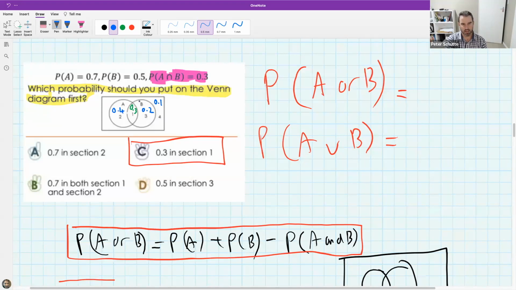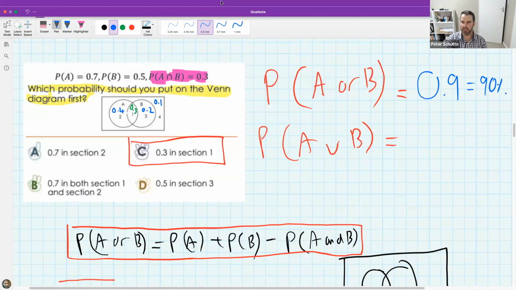And when I do that, I notice that A or B is going to be adding up these fractions, which should give me 0.9, or there's a 90% chance that I will be in A or B. Give me a thumbs up if you feel like you understand how Venn diagrams can also be written in decimals as probabilities. That's really the only reason I wanted to do this.